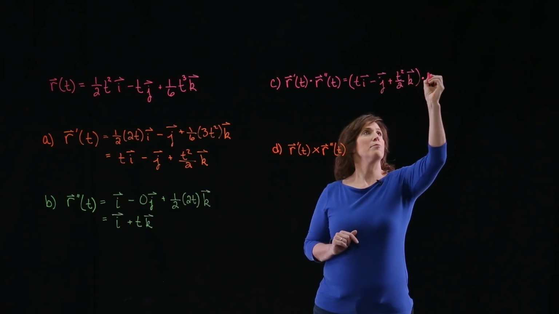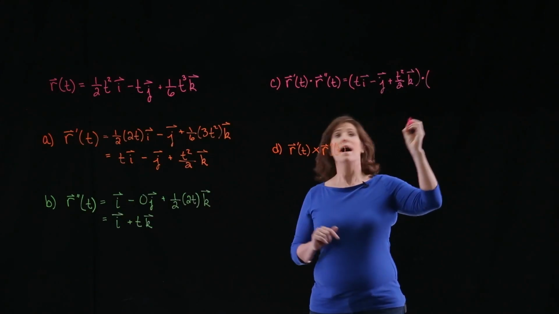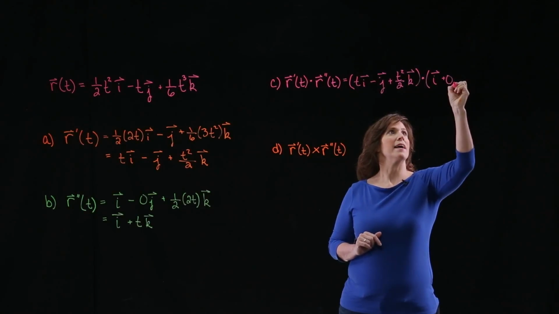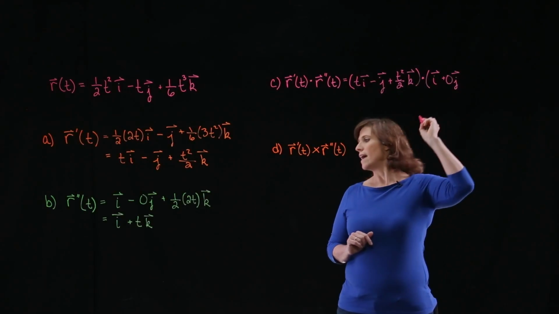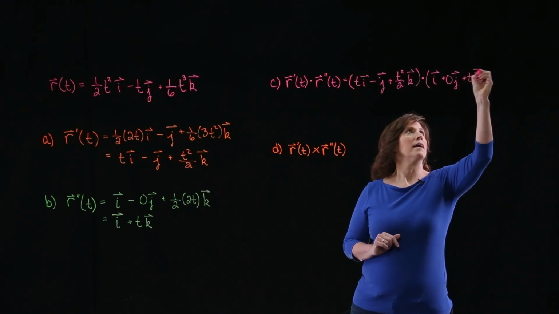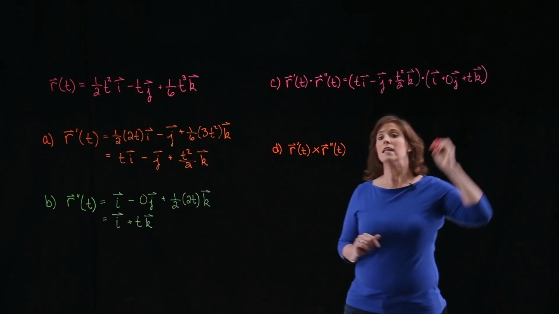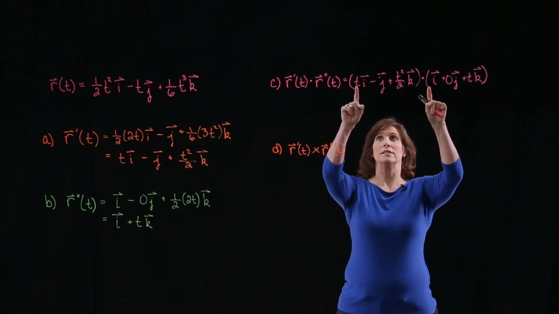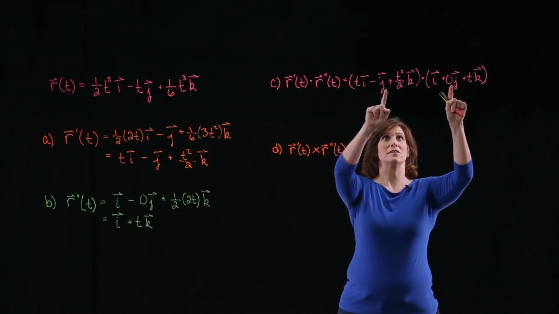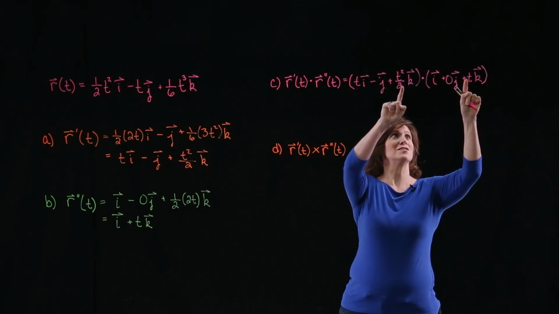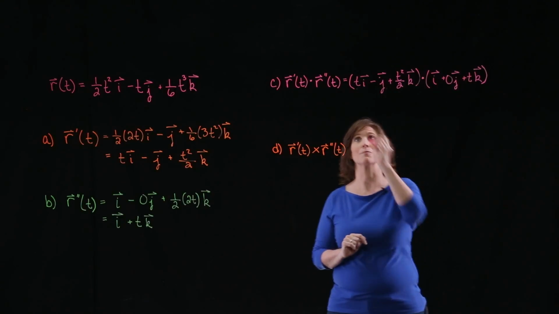And I'm going to take the dot product of that with i, and I'm going to put in the 0j and plus tk. Now, if you remember, when you take a dot product, you multiply the components of your i term and you add that to the product of the components of your j term, and you add that to the product of your components of your k term.